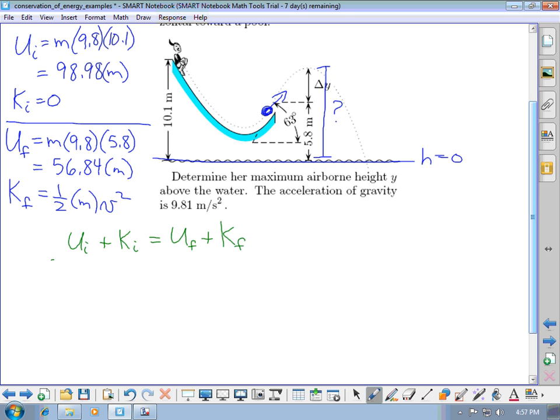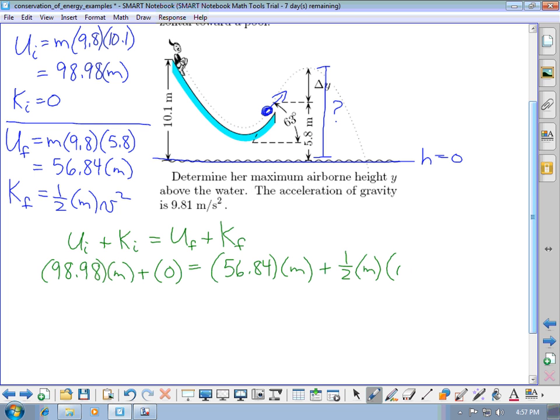So her initial potential energy is 98.98 times her mass. Her initial kinetic energy is 0. Her final potential energy is 56.84 times her mass, plus her kinetic energy, which is 1/2 times her mass times v squared. So looking at this, every single one of the terms has a mass in it.